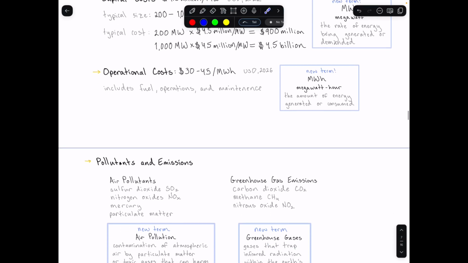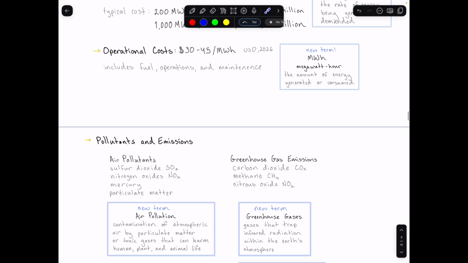All right, now let's go to pollutants and emissions. The products of coal combustion can generally be put into one of two categories, either air pollutants or greenhouse gas emissions. The definition of an air pollutant, if you're not familiar with it, is particulate matter or gases that can contaminate the air that we breathe, that can harm humans and the environment.